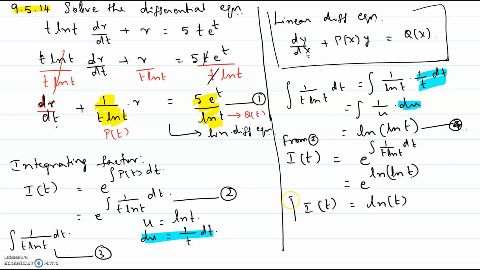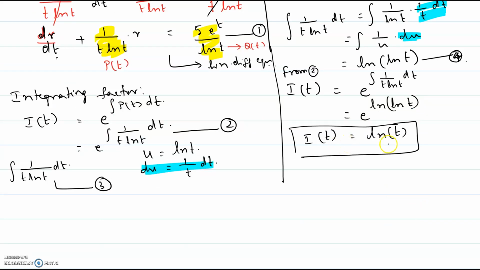So the integrating factor for this problem is ln of t. The purpose of finding the integrating factor is that the left-hand side of the linear differential equation will become a perfect differential when multiplied by the integrating factor. That's the very idea of finding the integrating factor.